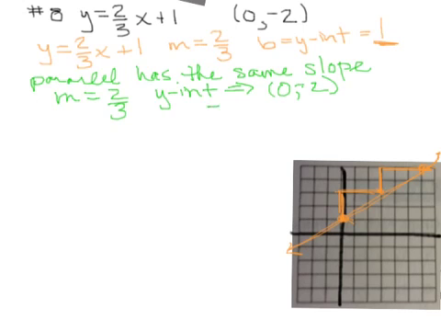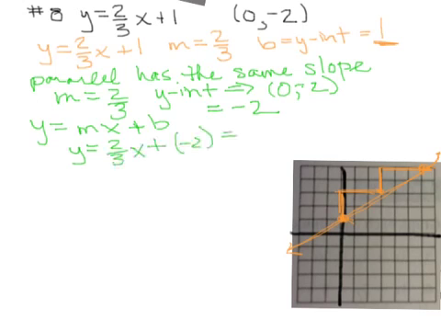Therefore, my y-intercept is -2. So if I plug that into y is equal to mx plus b, it simply becomes y is equal to 2/3 x plus -2, or y is equal to 2/3 x minus 2.